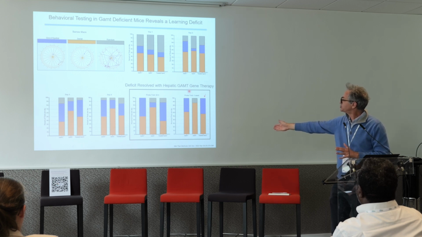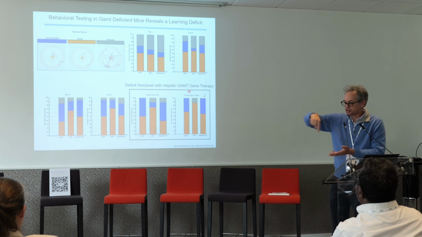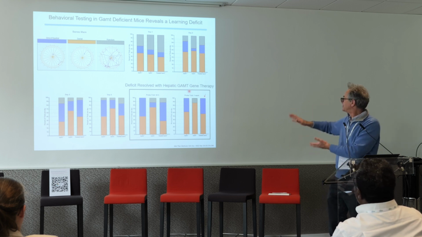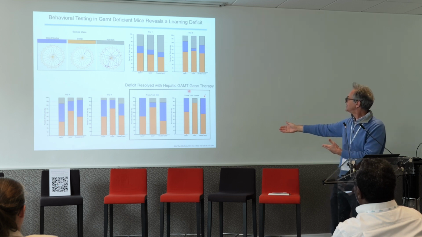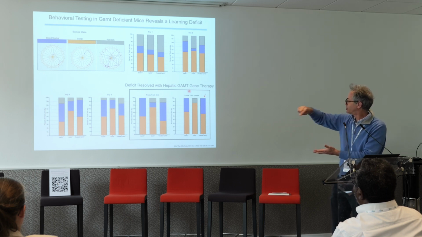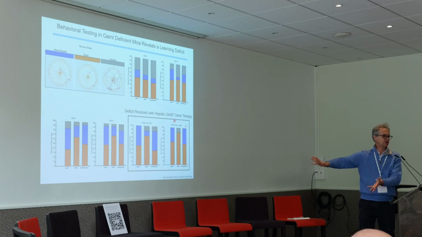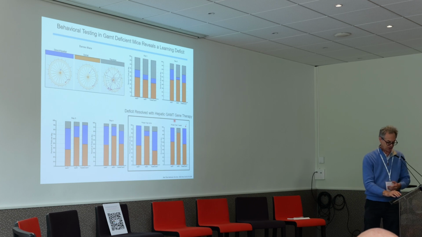The GAMP deficient mice in the center have the serial, they're searching each time, and the remainder is random. But the treated mice on the side closest to me, where the arrow is, are very similar to the wild type mice. Most of their activity is serial, and some of it is direct. They've lost this random pattern. So they've learned to find the spot to hide over time.